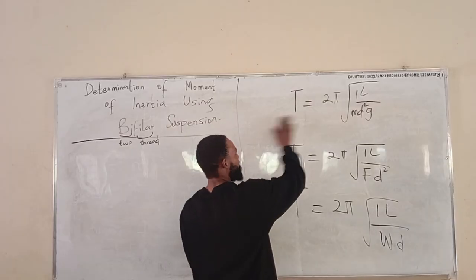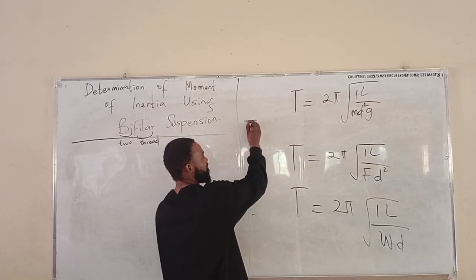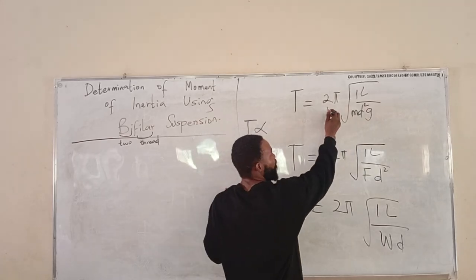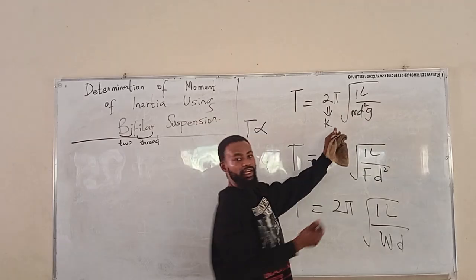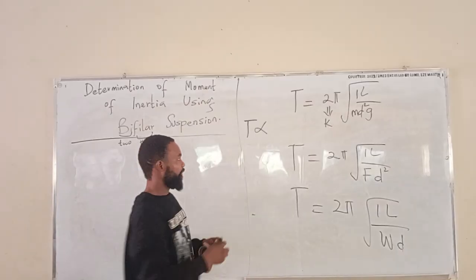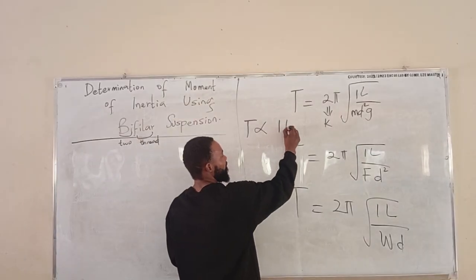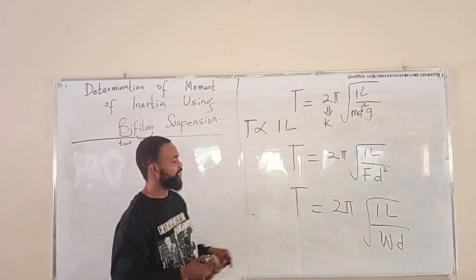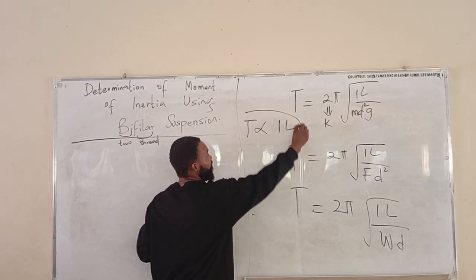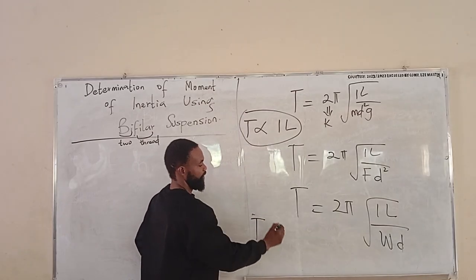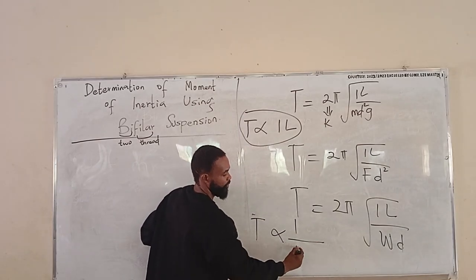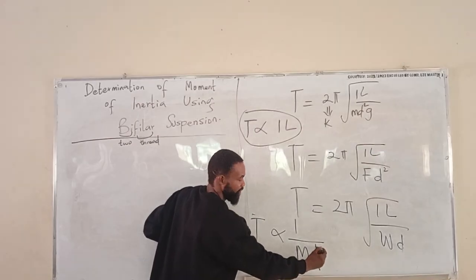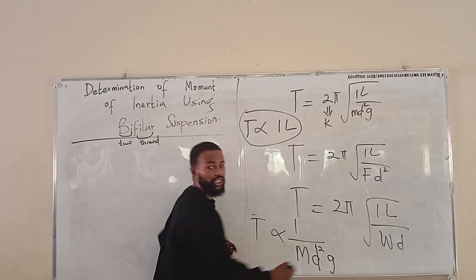Before I start the practical part, please, do you know that this means that T is directly proportional to, I will ignore this 2 pi, because this is the same as K? Shall we know that this is K? Because it's constant. So it means that T is directly proportional to inertia and it's directly proportional to length. I'll still tell you what length I'm talking about. And it also means that T is inversely proportional to mass, and to displacement, that is distance squared, and it's also inversely proportional to gravity.